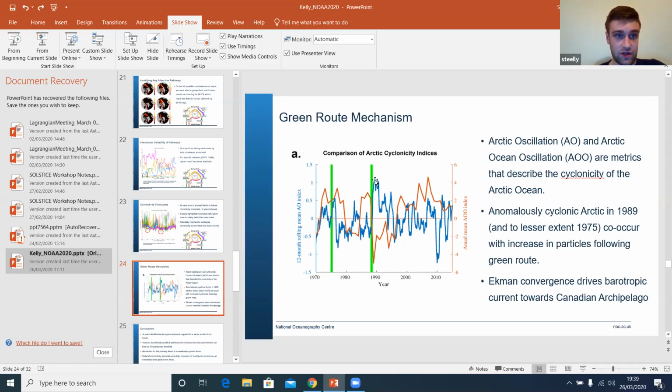Why it's as short and sharp a peak as we're seeing, again, I don't entirely know the answer, but the fact that it's the start of the period and then it remains cyclonic from about 1989 and then 4 years of very, very cyclonic forcing relative to what the Arctic normally is. The idea being that's about the only time it's sustained throughout the route, which is why we're seeing this peak. Okay. Thanks, everyone.